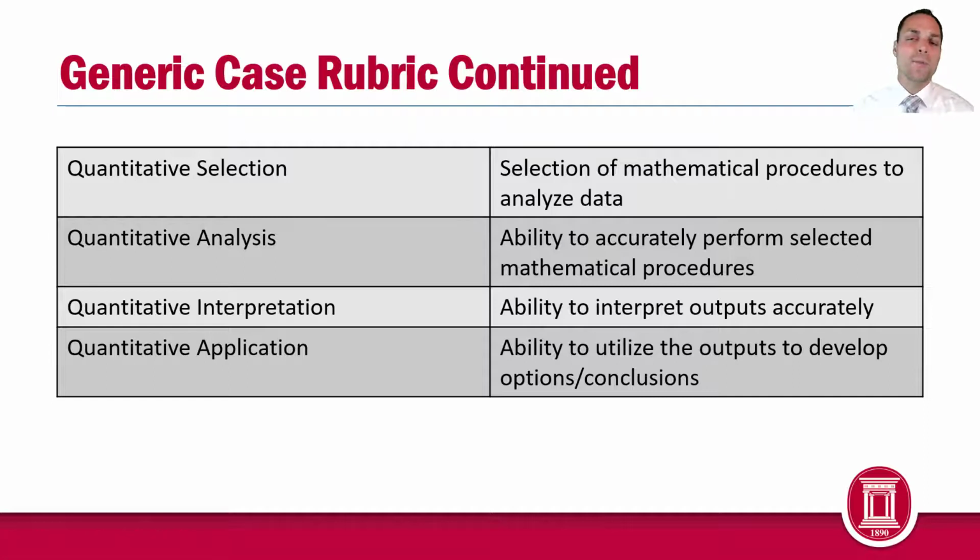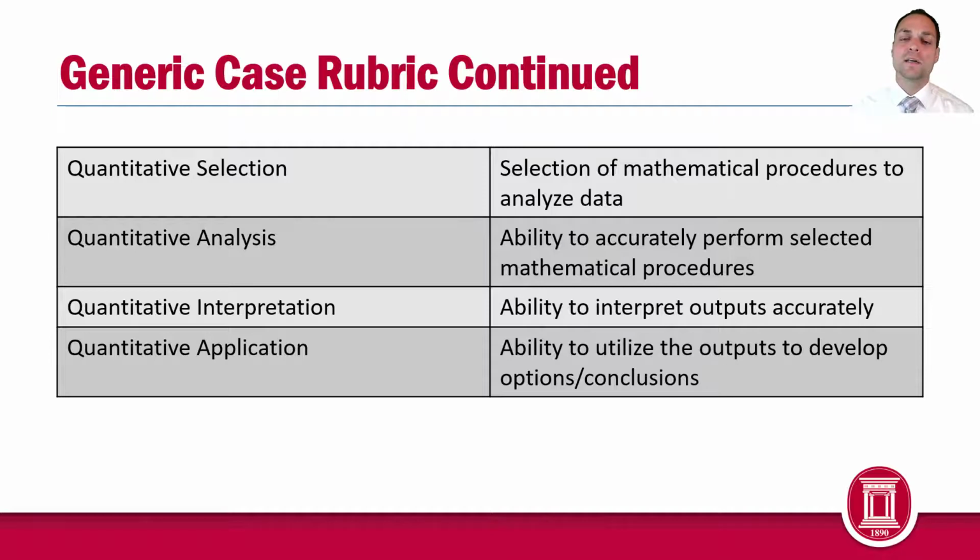What type of ratios did you analyze? That is just broadly speaking what you're looking at. The same goes for capital budgeting as an example, or a merger and acquisition. Did you use the APV model? So, the selection of the procedure: did you understand what was being asked of you and attempt to utilize the correct mathematical procedures?